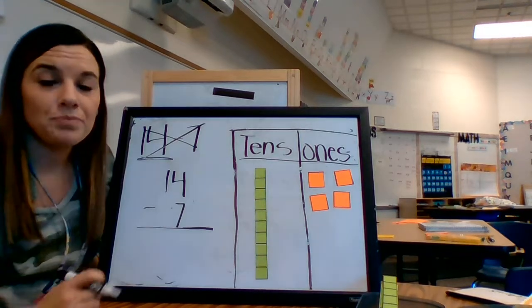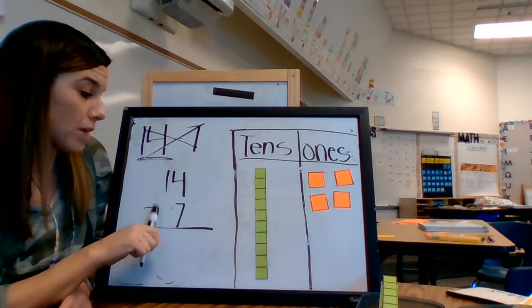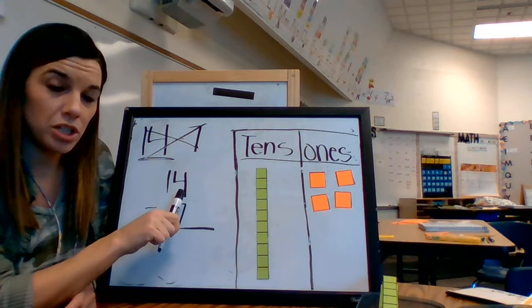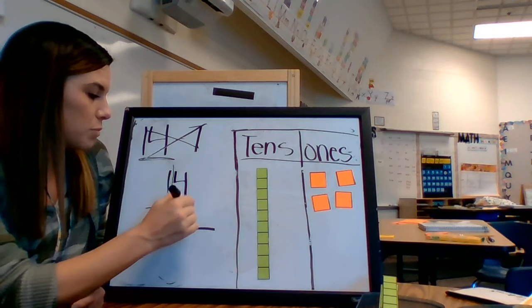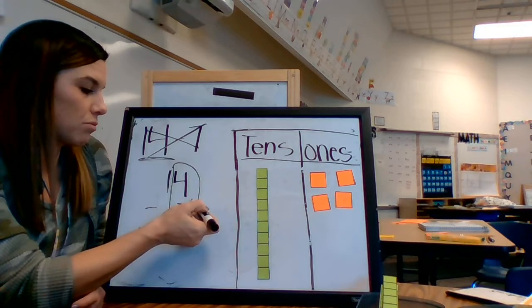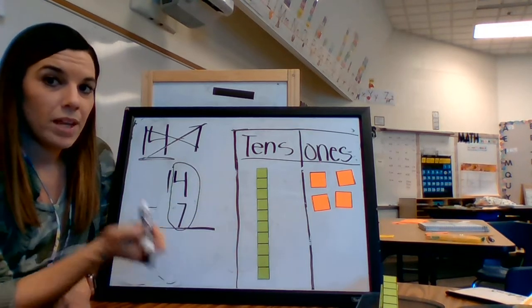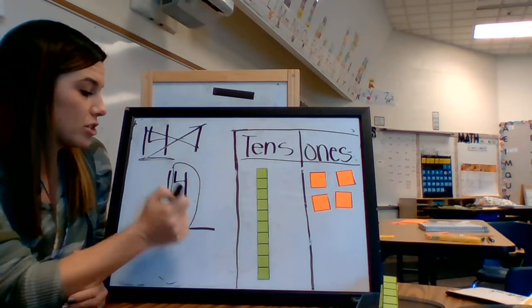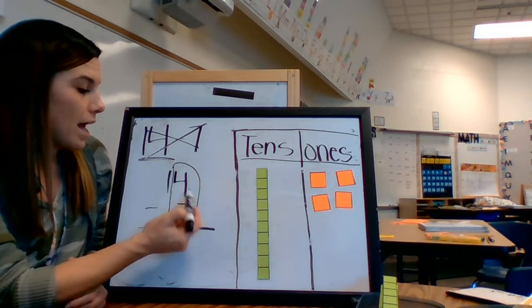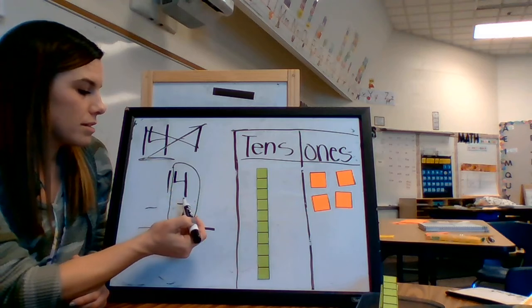So remember, when we subtract, and there's a 2-digit number involved, we have to start with the ones place. We always start on the right and then move left. This is where we run into our problem. Because if I start on the ones place, now I have 4 minus 7.